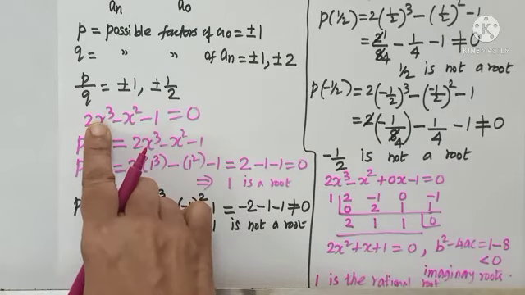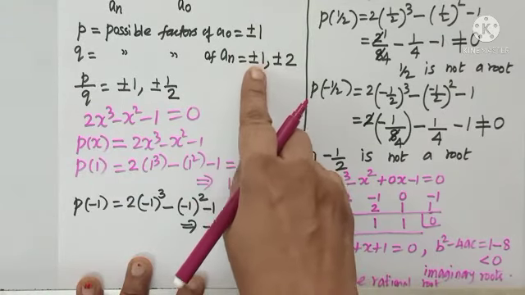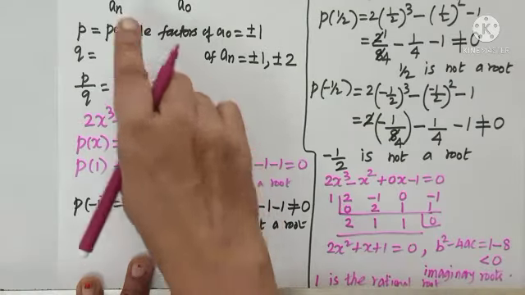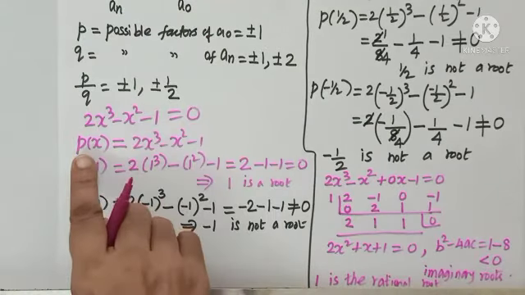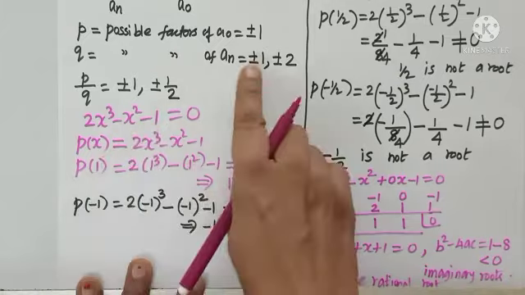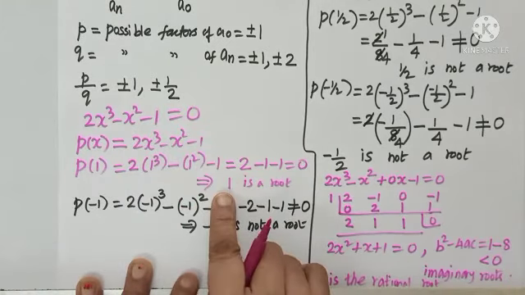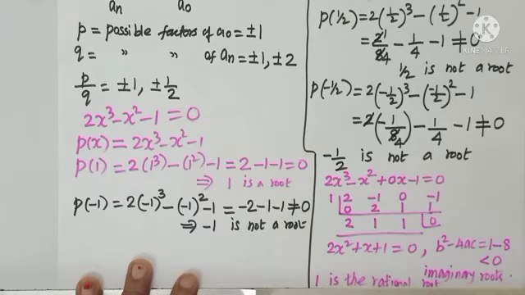That gives rise to plus or minus 1, plus or minus 1 by 2. And the given polynomial, let me call p of x. Checking each value, I am able to show 1 is a root which is rational. By the synthetic division method, I get the quadratic factor and the roots are imaginary.